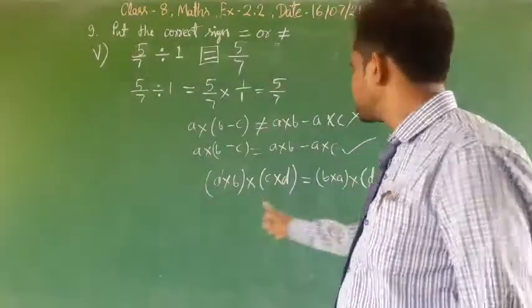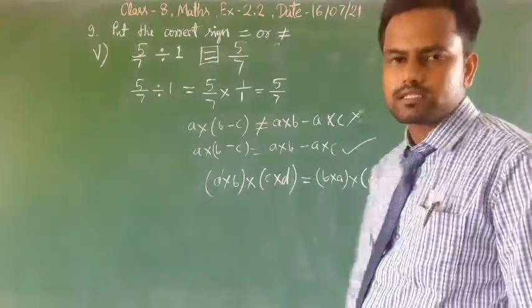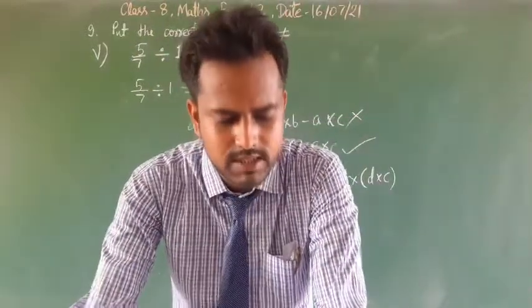A into B can be written as B into A. That is commutative law in multiplication. So this is right. So question number 4 is true.